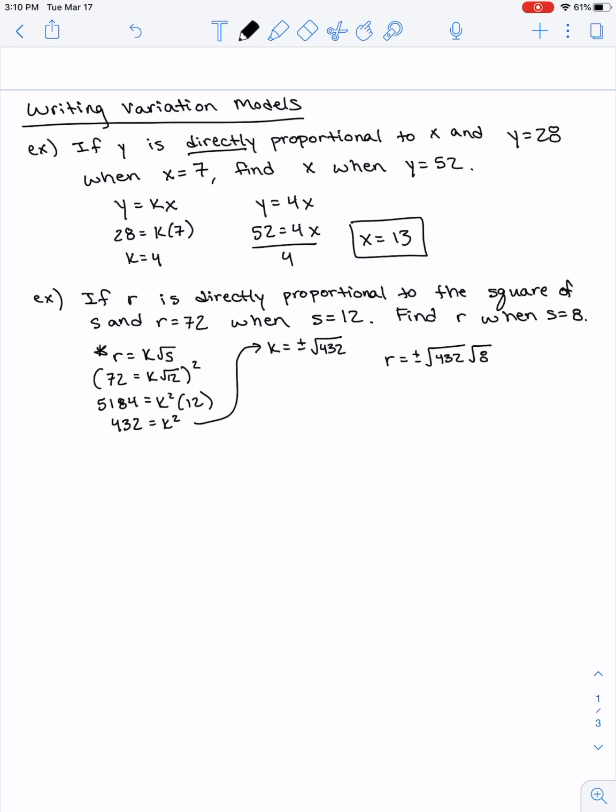Okay, so we get that r is equal to plus or minus the square root of 3,456. Which simplifies, you can plug this one in your calculator. This will be plus or minus the square root of 58.79 about. That one was a little less nice to us.